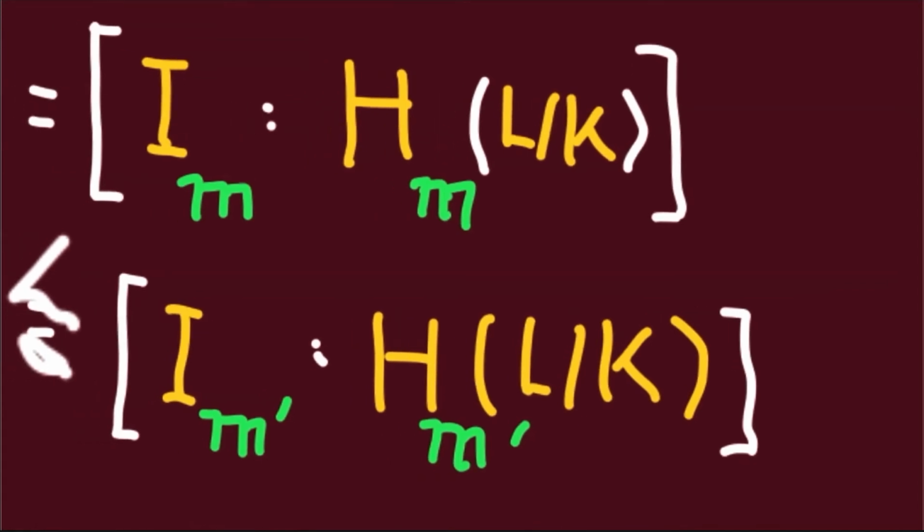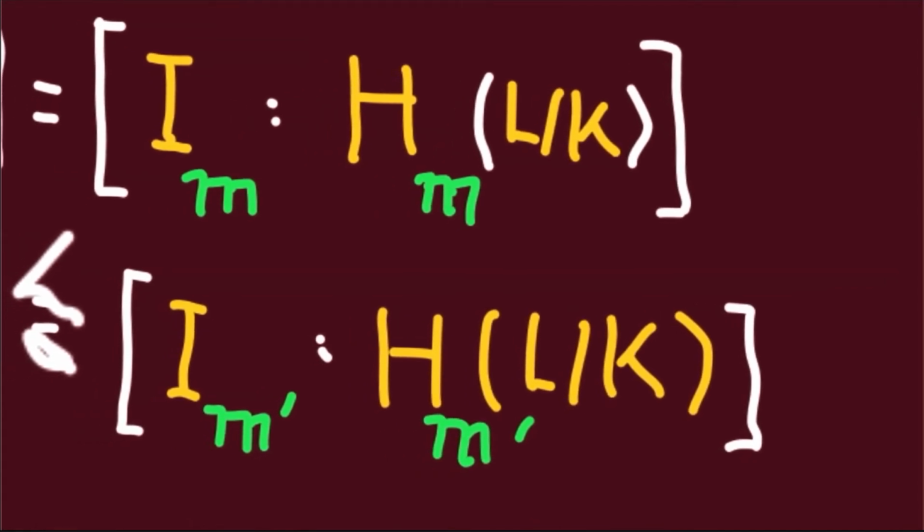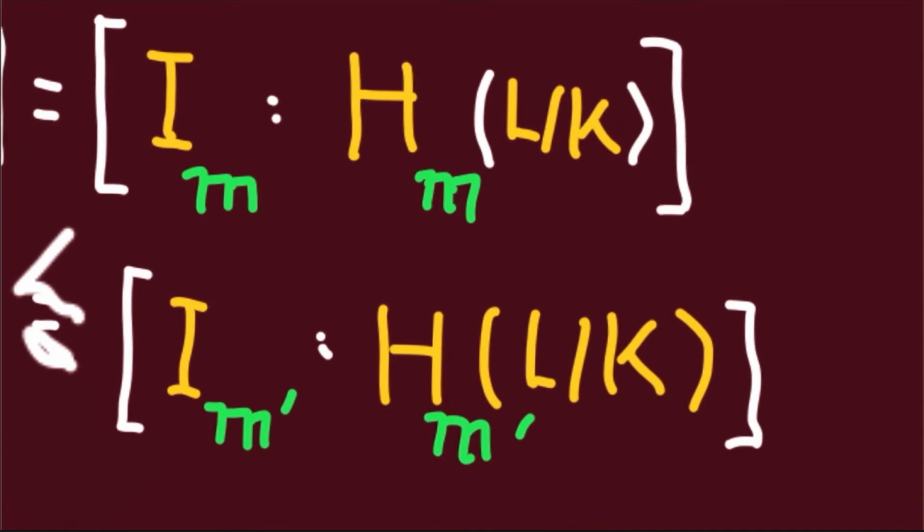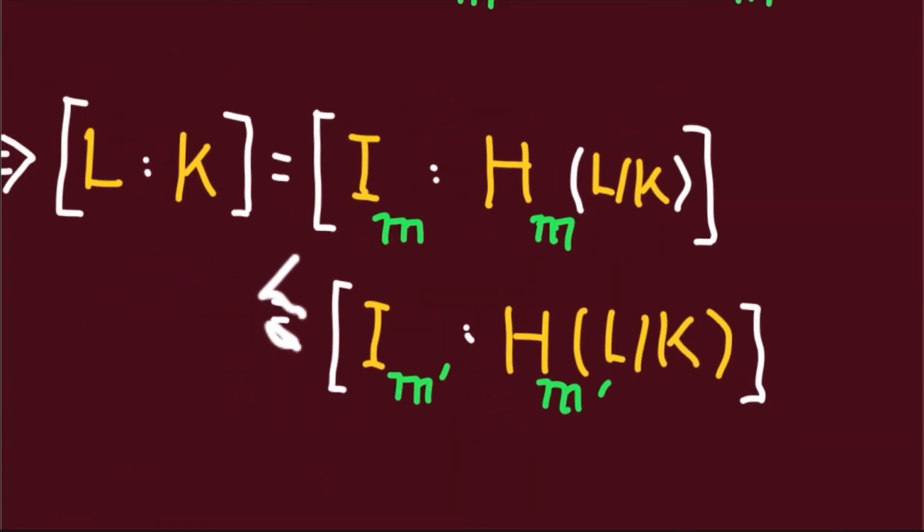Therefore, the index of H_m inside I_m must be less than or equal to the index of H_m prime inside I_m prime. And thus, the degree of L over K must be less than or equal to the index of H_m prime inside I_m prime.